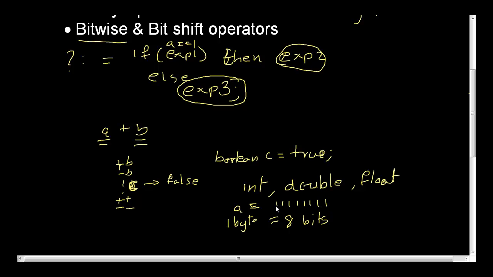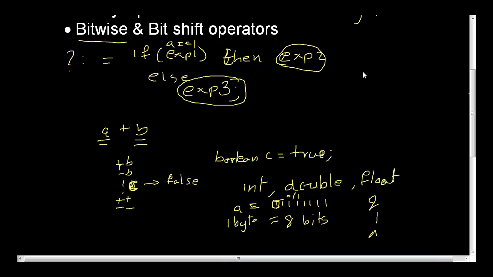These are 8 bits. The value of every bit can be 0 or 1. So a bitwise operator basically does and, or, and such other exclusive or operations on the bits.